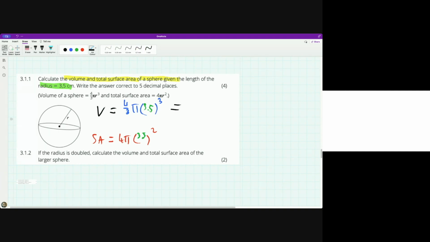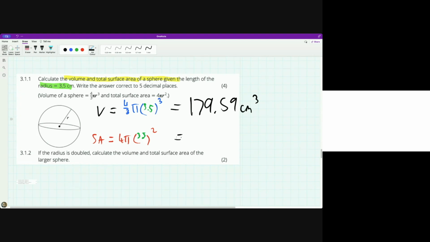Feels like really not too bad. Times pi times 3.5 to the power of 3. And I get 179.59 centimeters cubed.